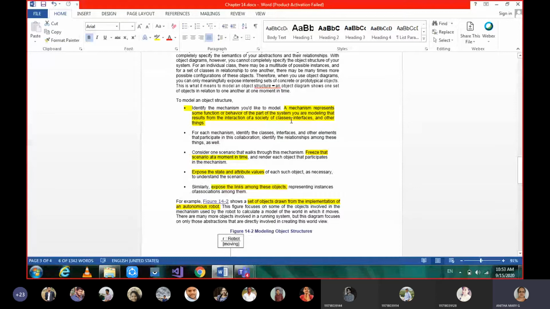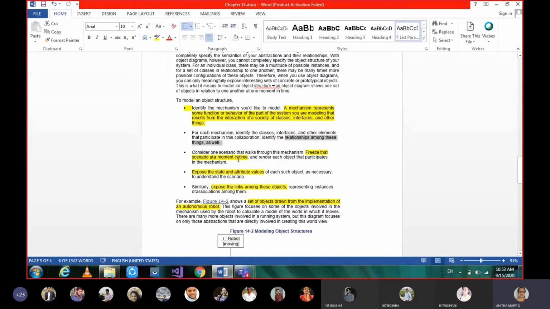Those things need to be identified first. After identifying each mechanism, what each one is doing, and for that mechanism, what things are related there, either classes, interfaces or any other elements, and identifying the relationships among them. All that needs to be done.